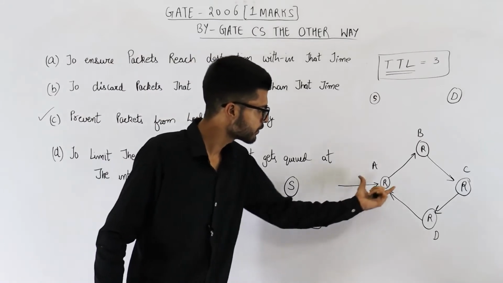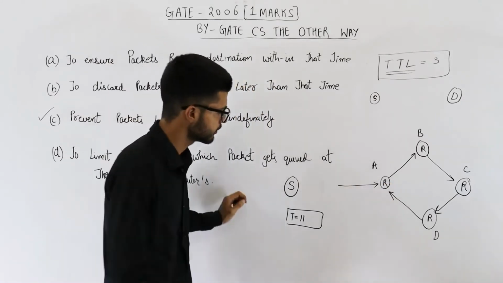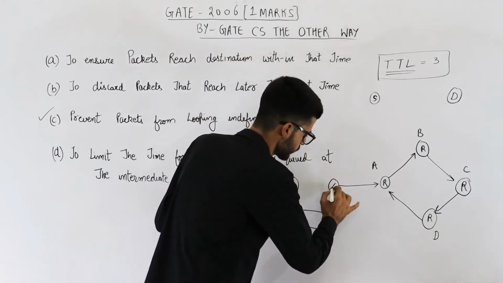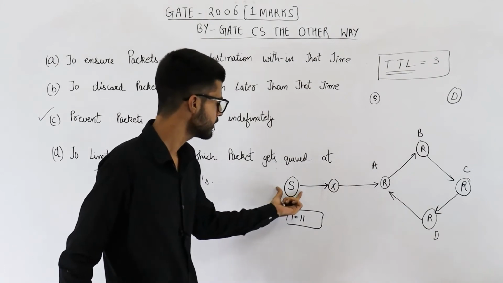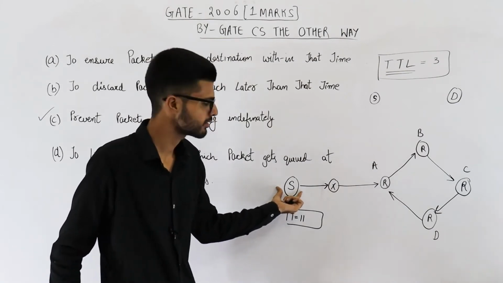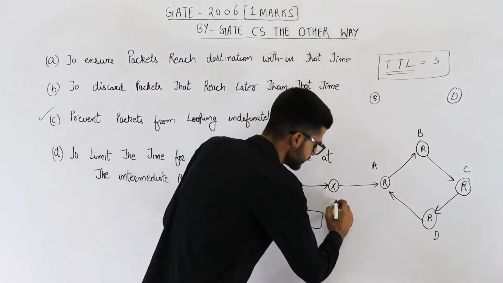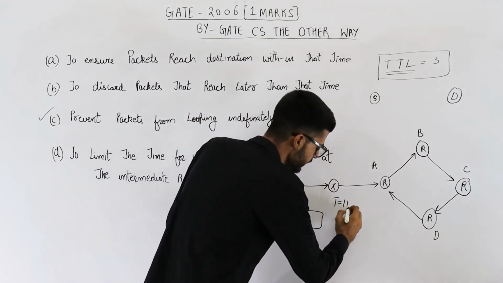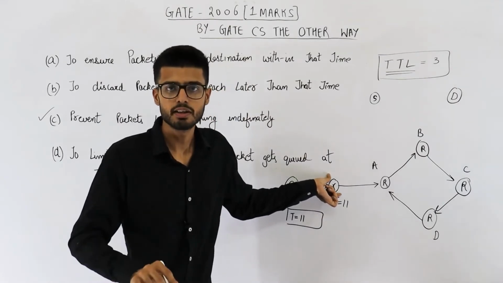Now, suppose there was one more router in between, and when this packet was created, TTL was set to 11. When this router receives that packet, it will see TTL is equal to 11. Now what will this router do? It will reduce the TTL.